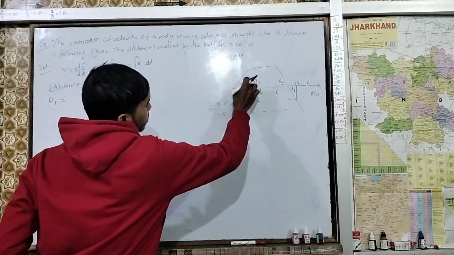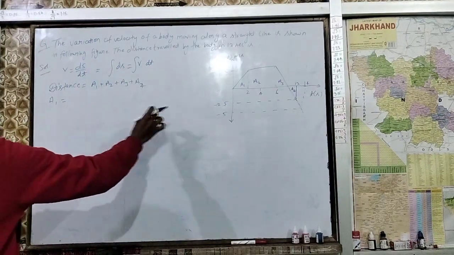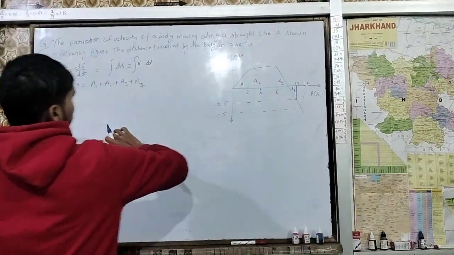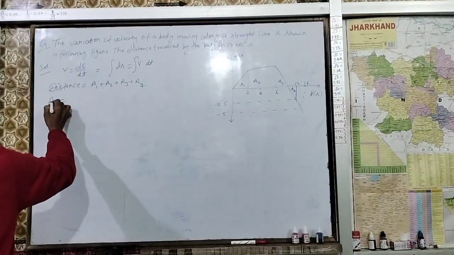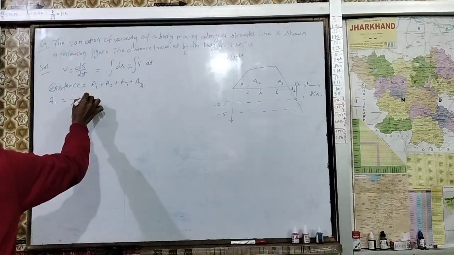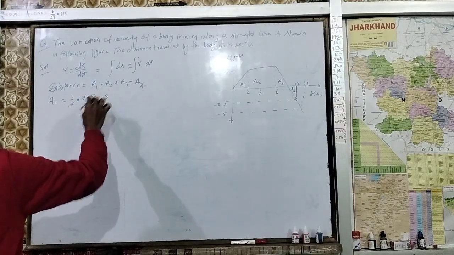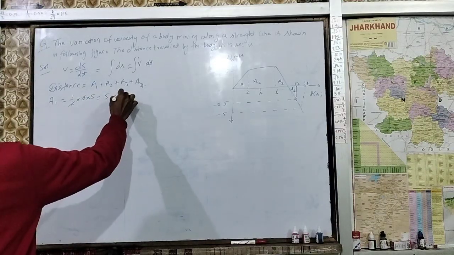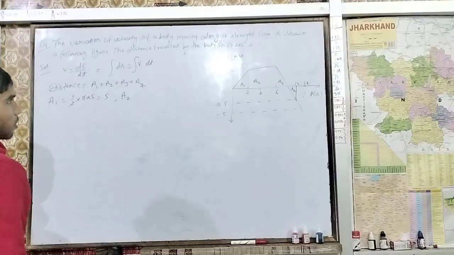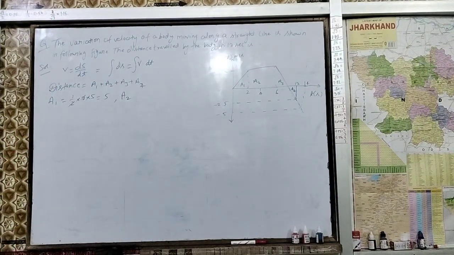We can write 1 upon 2 base multiple altitude, where base is 2 and altitude is 5. So A1 will give us area: 1 by 2 multiple 5. So finally A1 came as 5. Okay, so A2 is what? A square, not a square but rectangle. 5 multiple 4, 20.